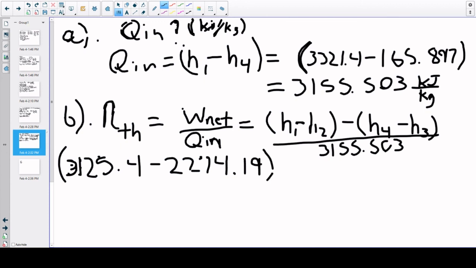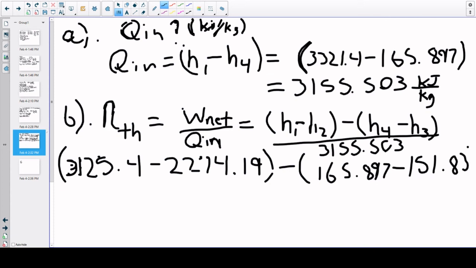That's why I said it was important to have knowledge of these cycles. If you don't know what the cycle looks like and where everything's running, number one, it's going to be hard to solve the problem. And number two, when it comes to thermal efficiency, you might forget a pump that requires some work, and your thermal efficiency value will be off. So always be aware of what the cycle actually has going for it.